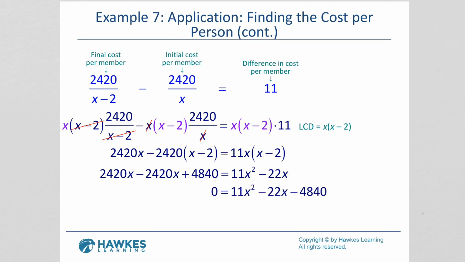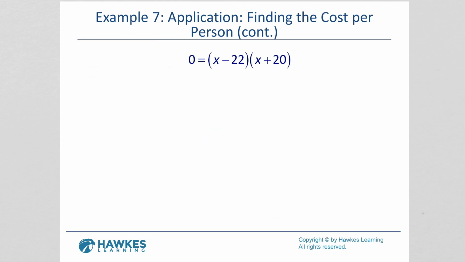Collecting like terms and setting everything equal to 0, the 2,420x minus 2,420x, those are going to add to 0. So really you had to just subtract the 4,840. So we have 0 equals 11x squared minus 22x minus 4,840, which if we divide everything by 11, we get 0 equals x squared minus 2x minus 440, which factors into x minus 22 times x plus 20.